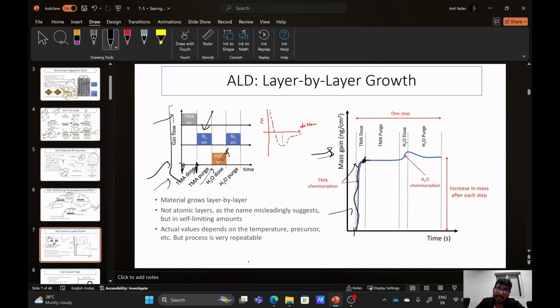Whatever TMA has to react has already reacted on the surface and formed a monolayer of TMA.